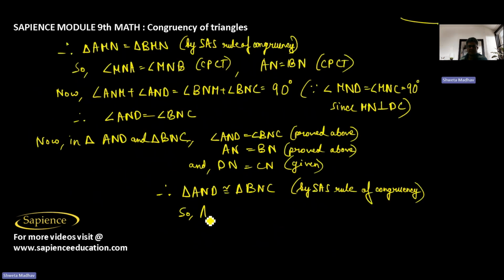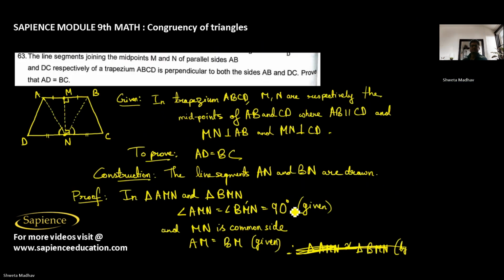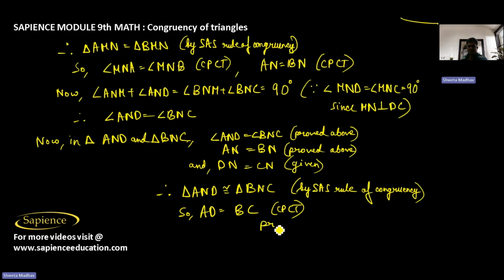So I can say that AD equals BC, by CPCT. That's good.